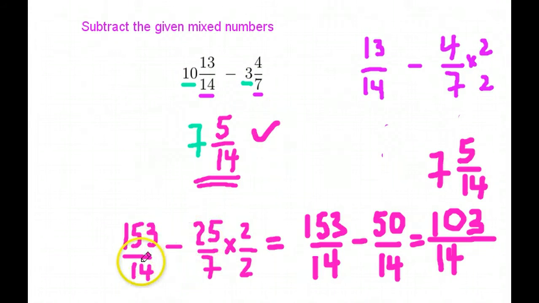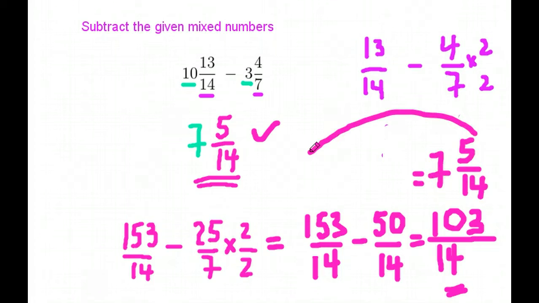The other approach I used was to convert this mixed number into improper fraction, and that one also into improper fraction, then made the denominators equal. After that, I arrived at this value, and that one has to be converted to a mixed number form again, and the answers we got in both cases are the same. You can see the answer by any of the two approaches is the same.